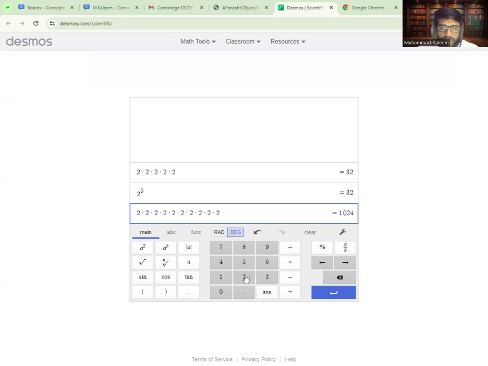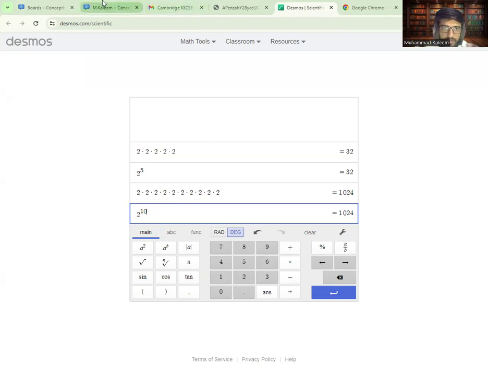We are getting 1024. So I will prefer the second method, in which we just have to write 2 raised to the power 10. That's it. We are getting the same answer. So that's why there is a need for indices, exponents, and power. I hope you understand this reason why there is a need for exponents.